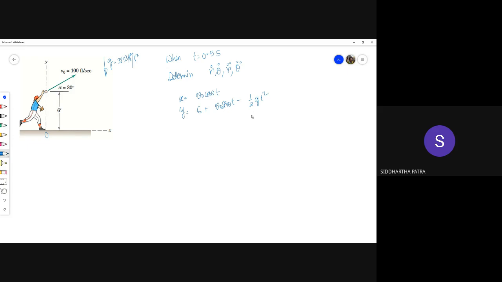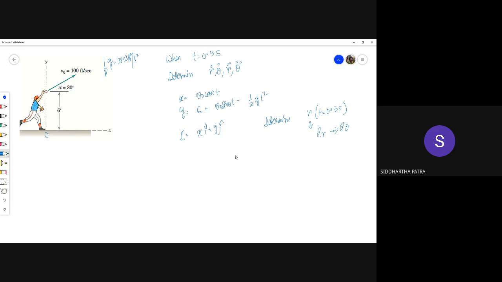So you can substitute. The position vector r is x i plus y j, right? So you can determine r at t equals 0.5 seconds. And once you have r, you can determine how much is er, and from that you can determine how much is e theta. Of course, these are in unit vector format.